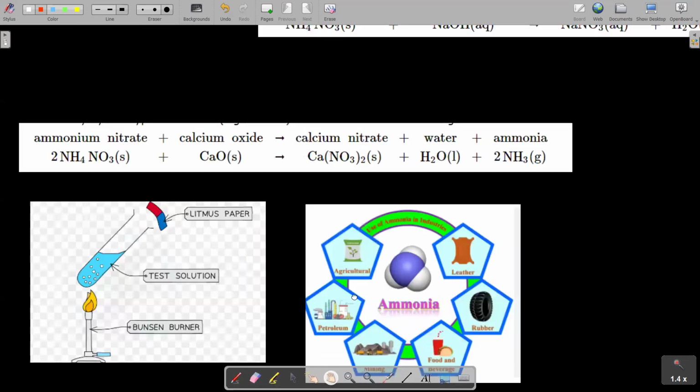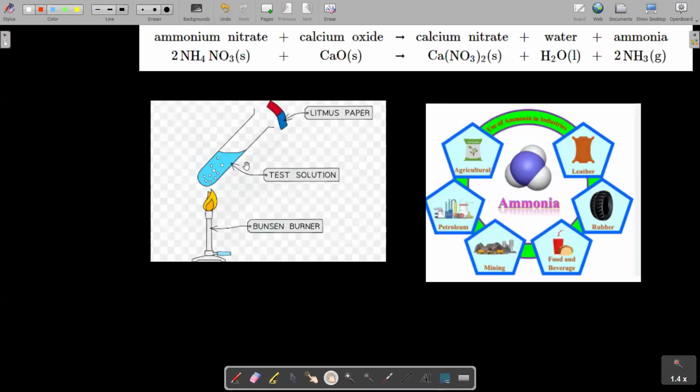For now, how is ammonia gas detected? Whenever you put a damp litmus paper in ammonia gas, it turns blue. It is the same as a base. Remember what we learned: whenever a base is run through a litmus paper, the red litmus paper turns blue.